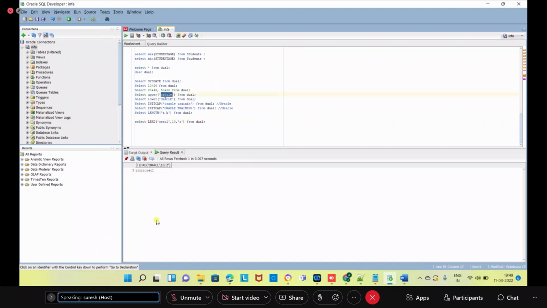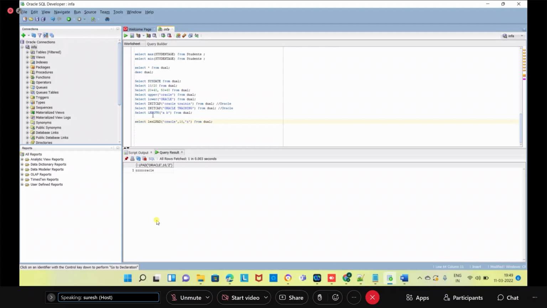So I need to just pad on the left side, that is, in front of the Oracle, I need to pad my characters, and the overall length should be 10. The first parameter is how many characters you want, and then what characters you want to pad.